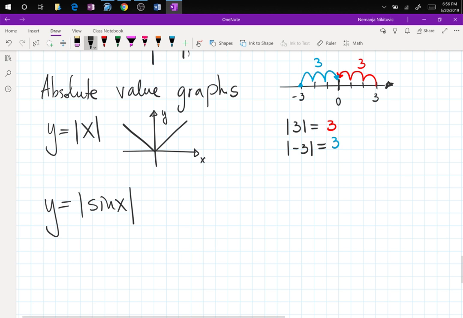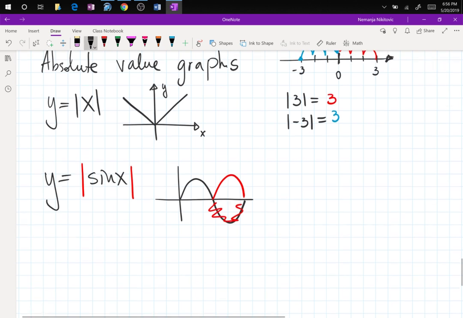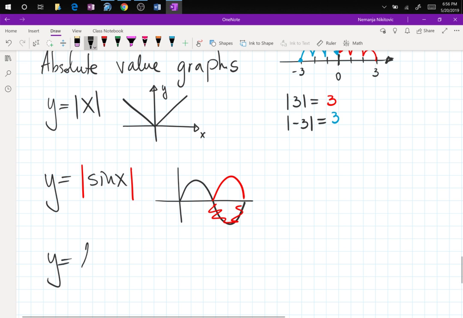Okay, 2 humps. 2 humps, exactly. The original sine function looks like this. You install absolute values, this hump goes up, and you're done. So now your question to practice, y equals absolute ln x. What is the graph for absolute ln x? Go.